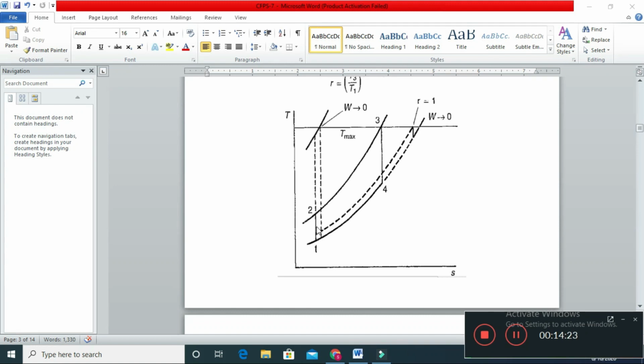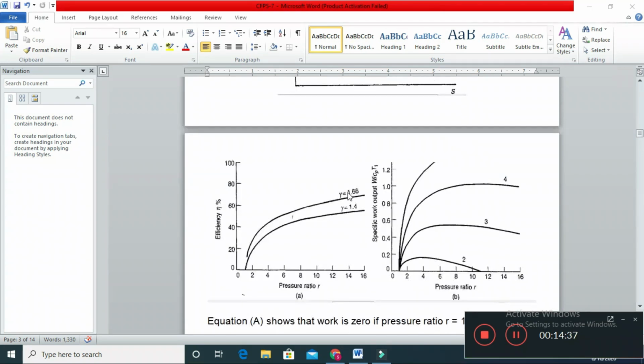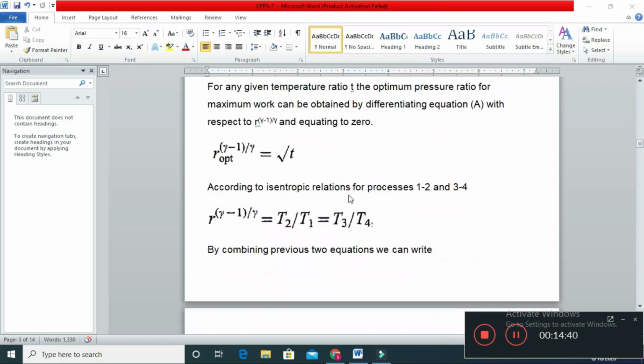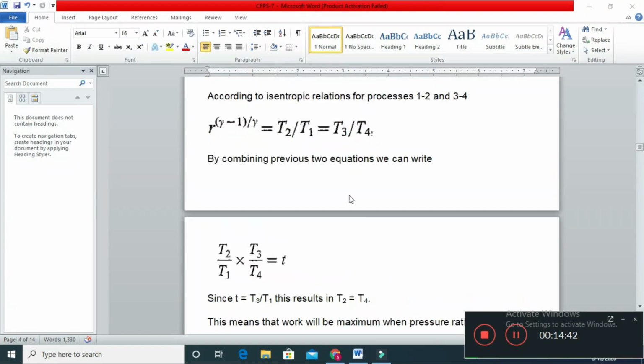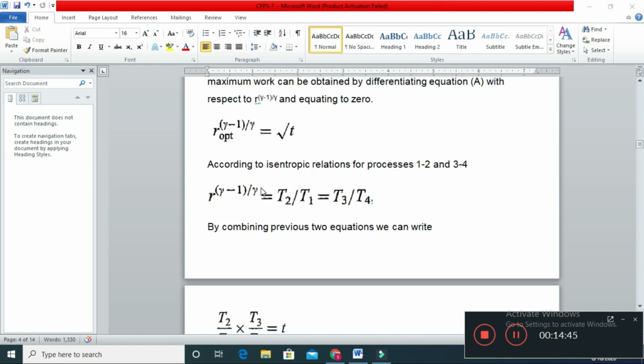In this condition, T4 is much higher than T2. In this cycle, T4 is much lower than T2. When T2 and T4 are the same, then it gives the maximum work output. We can prove this relation by using pressure ratio T2 over T1, and multiplying with T3 over T4.